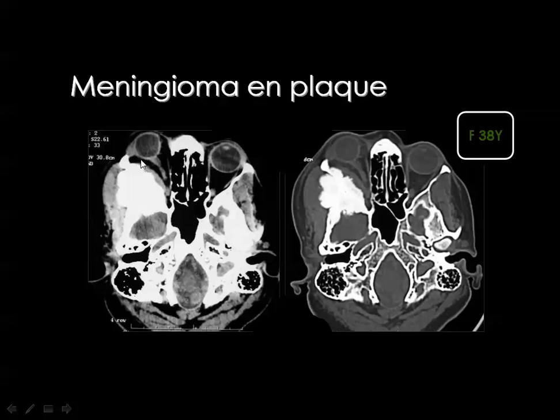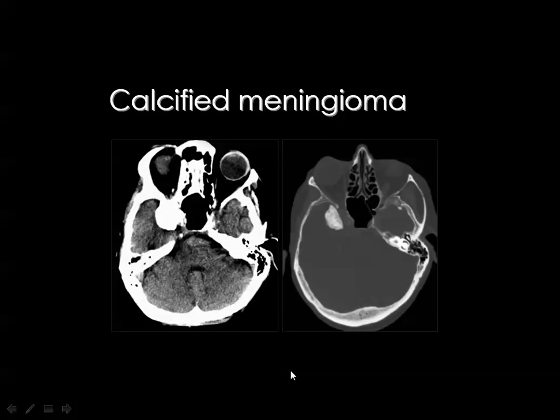And this meningioma will significantly encroach on the orbital cavity, resulting in the major complaint of the patient, which is the proptosis. The meningioma can be totally calcified if it is a long-standing small one, and you can see a densely calcified lesion against the medial part of the greater wing of the sphenoid.